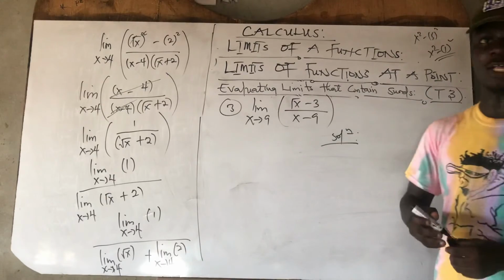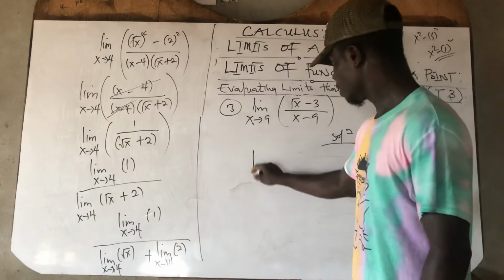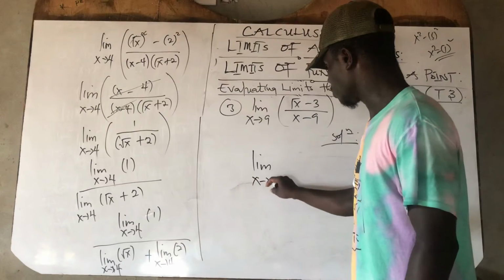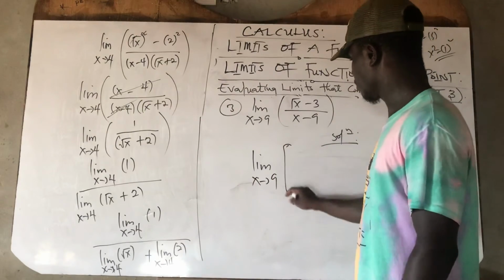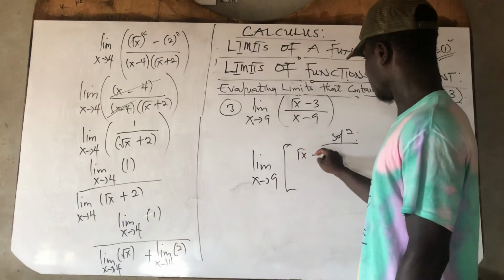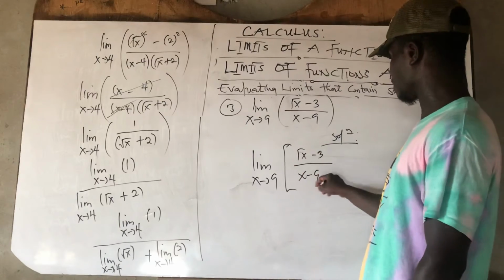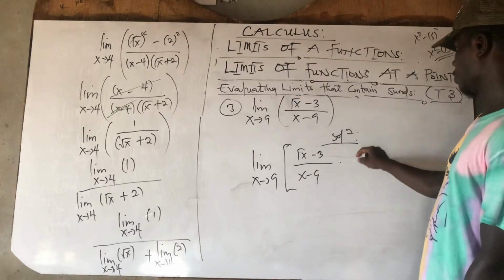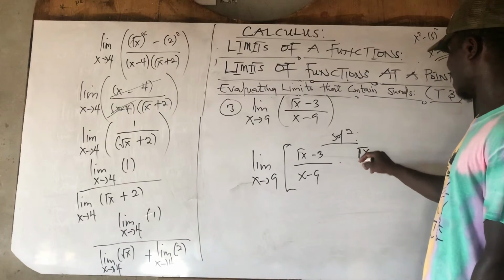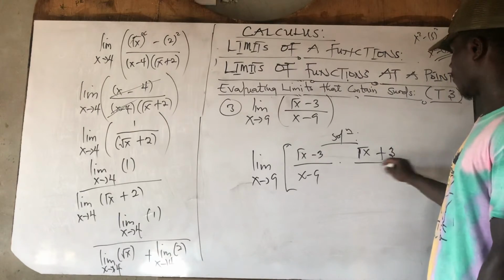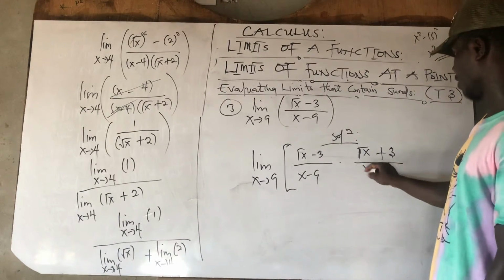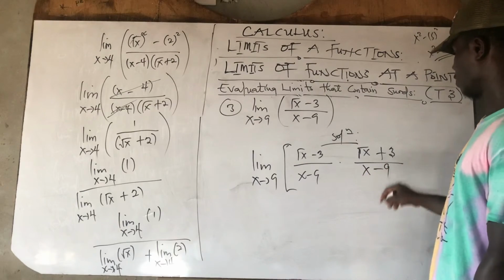Because that's where we can locate the surd. So the limit as x approaches 9 of square root of x minus 3 all on x minus 9 times square root of x plus, because the conjugate of square root of x minus 3 is what? Square root of x plus what? 3.